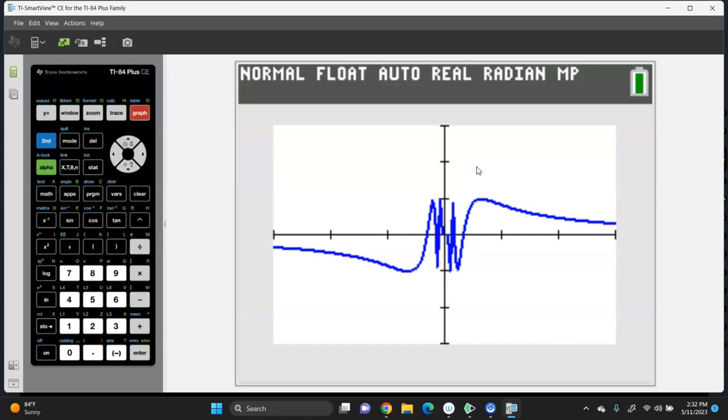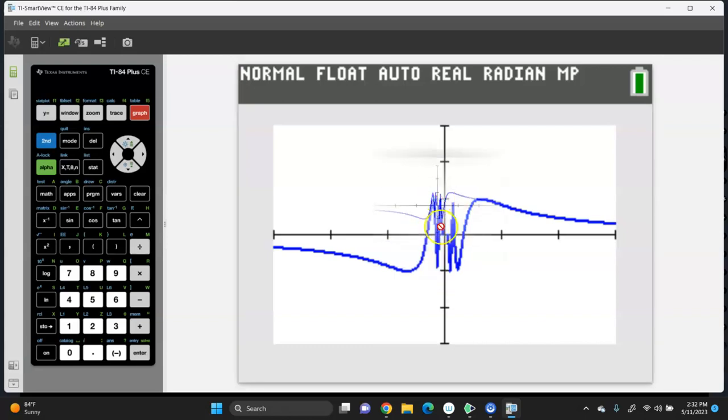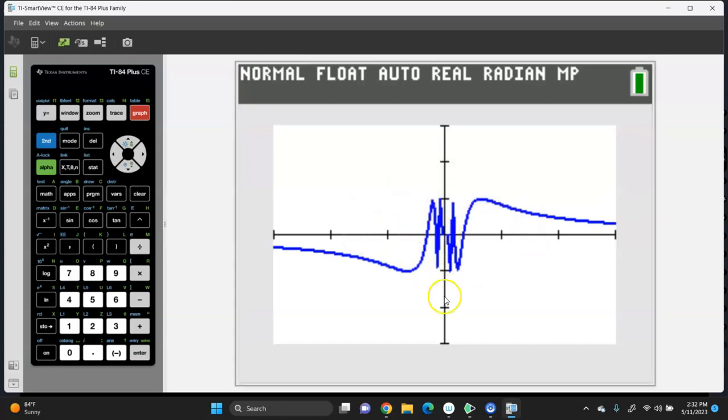That's oscillating behavior, and that's what's going on here. As we're approaching 0, it's just going up and down, up and down. And when we have oscillating behavior, the limit actually does not exist.